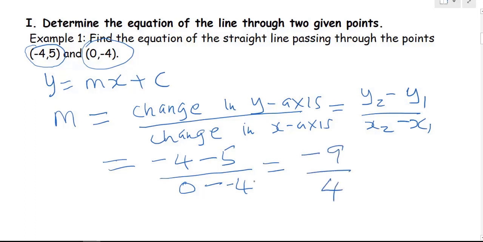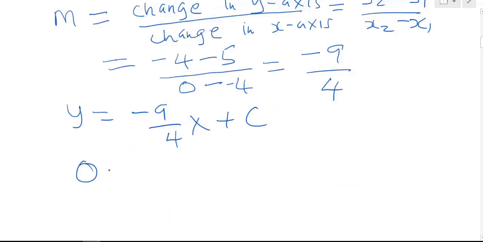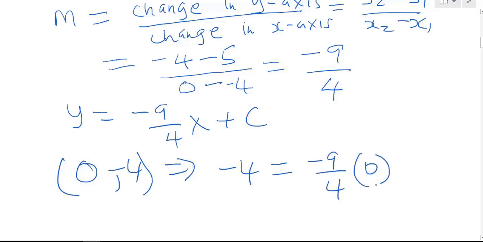over 4. Having determined the value of the gradient, we substitute it in the equation, and hence we get y equals -9 over 4 x plus c. If we pick the point (0, -4), it means that our equation translates to y equals -4, which equals -9 all over 4 times 0 plus c.